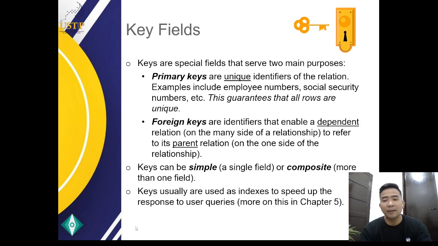So foreign keys are identifiers that enable a dependent relation on the many side of the relationship to refer to its parent relation. For relationship establishment, foreign keys establish a connection between related tables, ensuring data integrity and consistency.